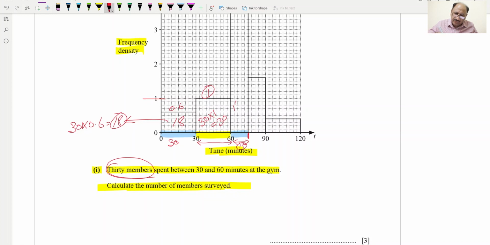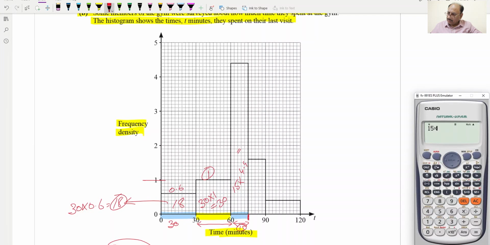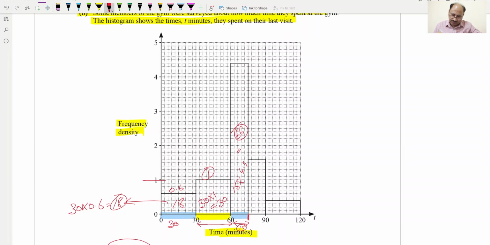So 15 multiplied by height, and height is up to 4.4, so this will be equal to 15 multiplied by 4.4, which is equal to 66. So 66 people will be this one, 18 is this, 30 is this.